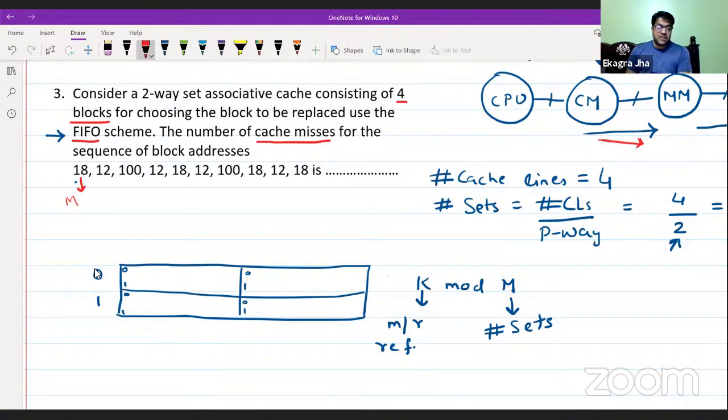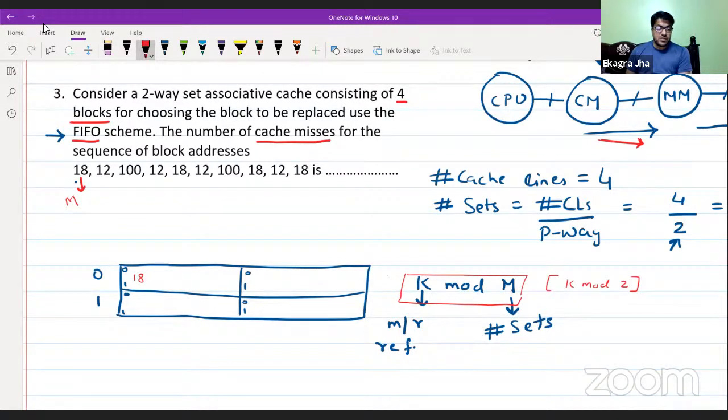When 18 comes back from the main memory, you need to find out in which set it should be accommodated by using the mapping function. In our case, k mod 2: 18 mod 2 becomes 0, which means 18 goes to set number 0.